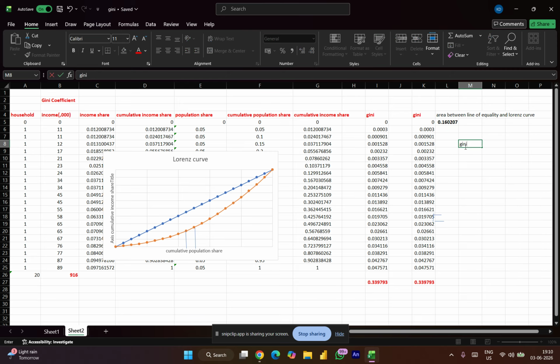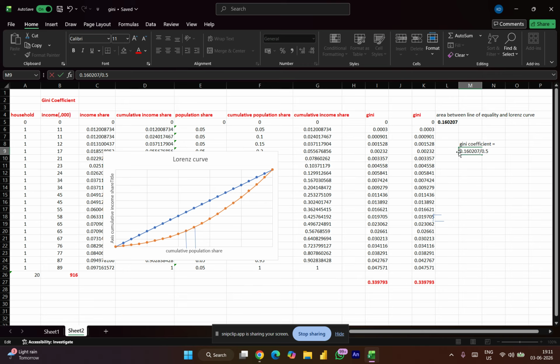Now, according to our formula, the Gini coefficient equals this area divided by the total area below the line of equality. So this area, 0.160207, divided by 0.5. 0.5 is the area below the line of equality.